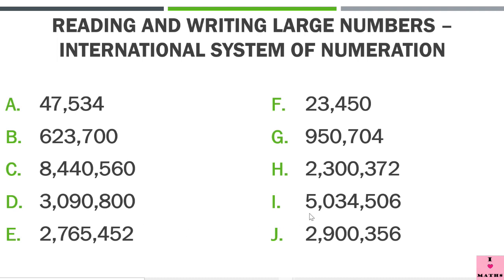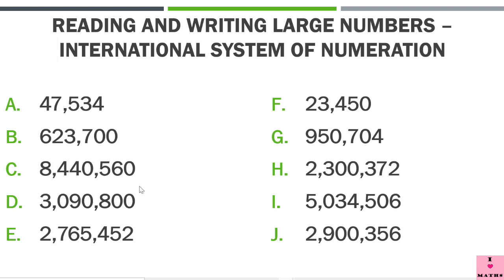Let's read this one. 5,034,506. Same is the case here also. Here there's a 0 and then 34. So you will not say 34,000. Obviously not. You will say it like this. 5,034,506.